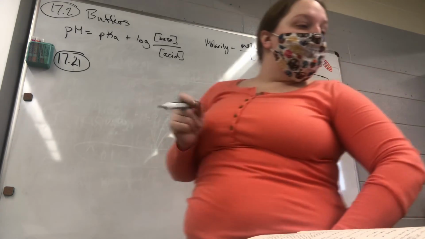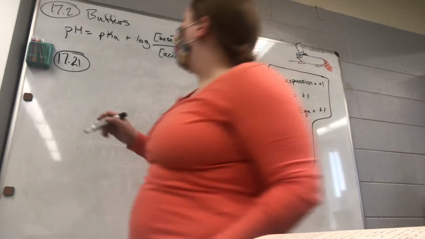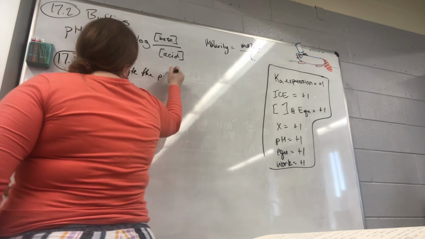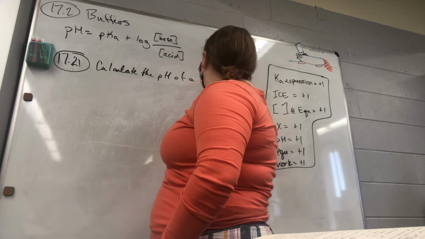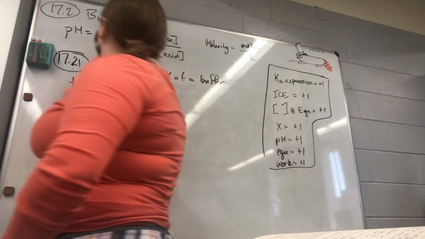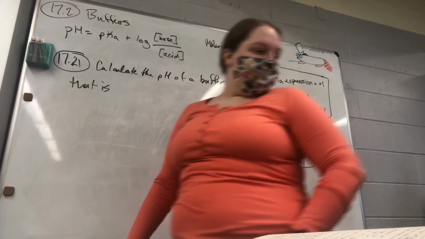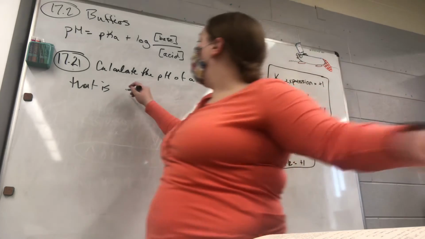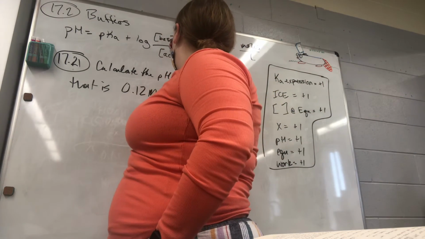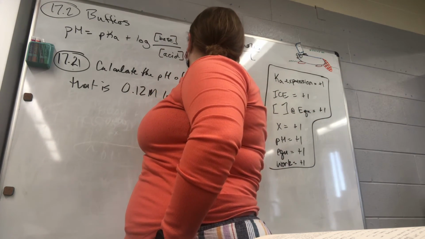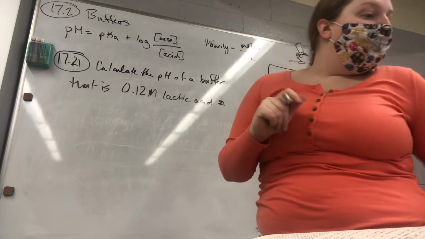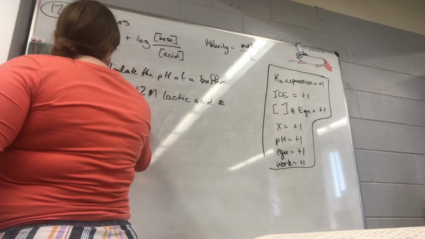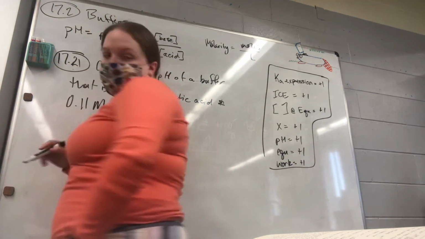This one says, calculate the pH of a buffer that is 0.12 molar lactic acid and 0.11 molar sodium lactate.